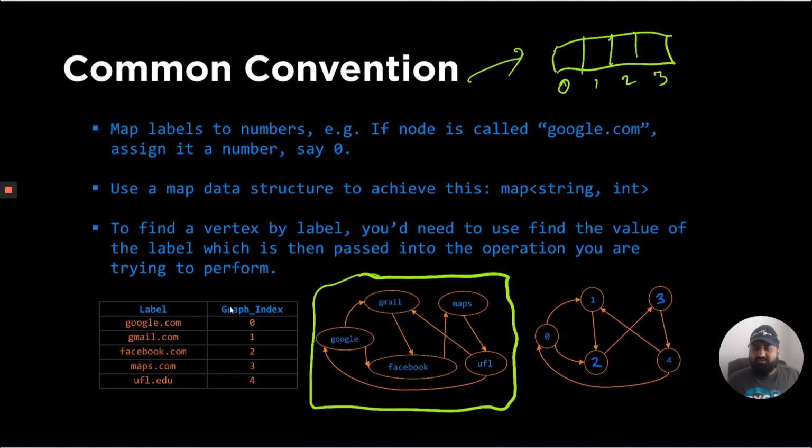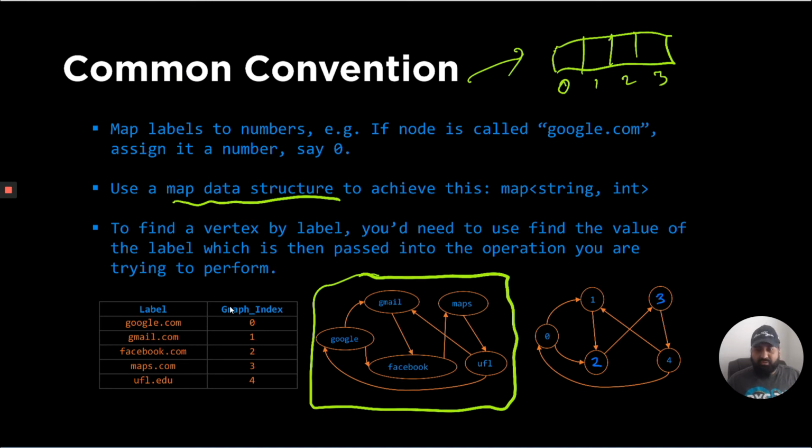How we can solve this problem is we use something called a map data structure. This data structure we'll cover in depth in the week right after this, once we finish graphs and start with the map data structure. But for the sake of discussion, it's pretty trivial. We won't be discussing the implementation of maps, nor how the performance can be derived, but we are just going to use this map data structure.